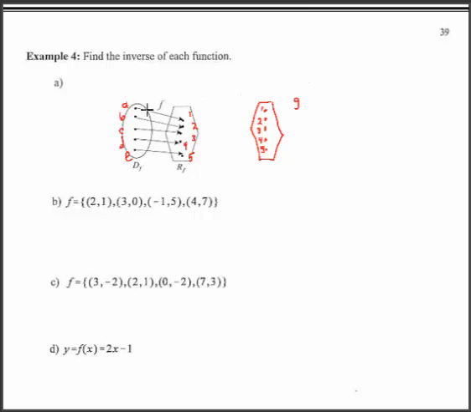Okay, and I'll use an oval for the range of G, and I'll label them, and in the domain of F, I had A, B, C, D, E.